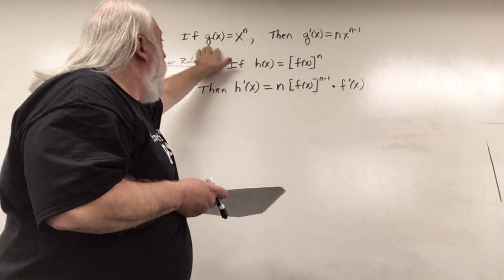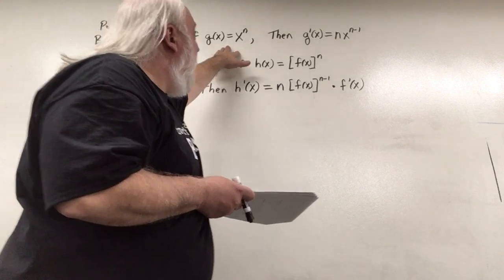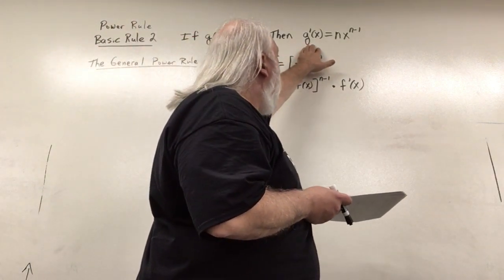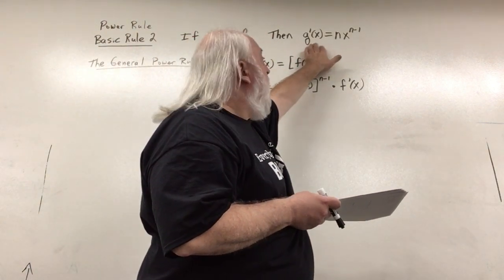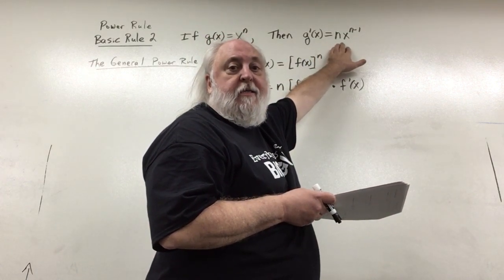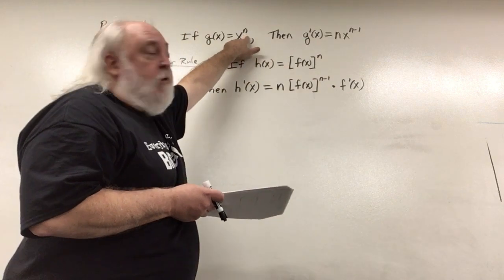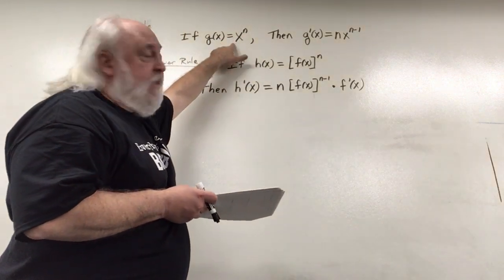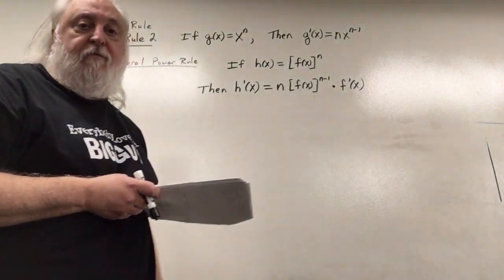Then we know that the derivative of g of x, denoted g prime of x, is equal to n times x to the n minus 1 power. We just bring the exponent n down in front of the x, and we subtract 1 from it.